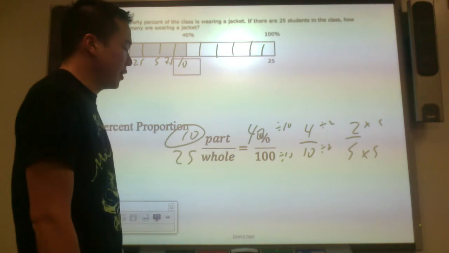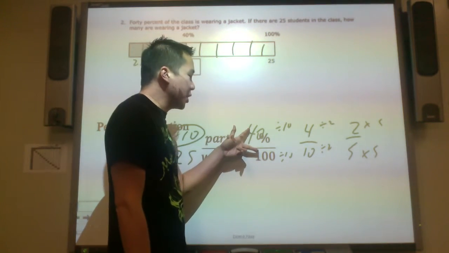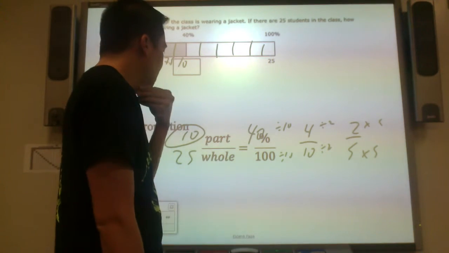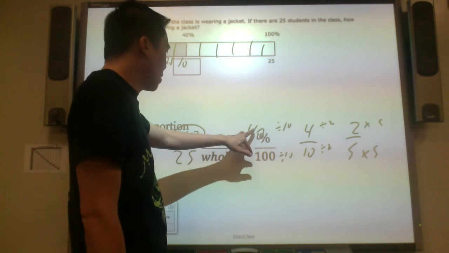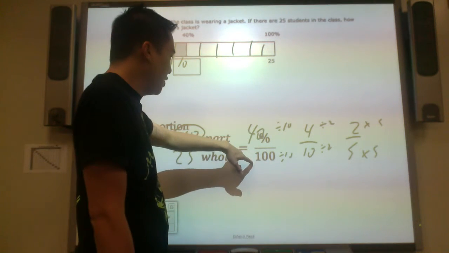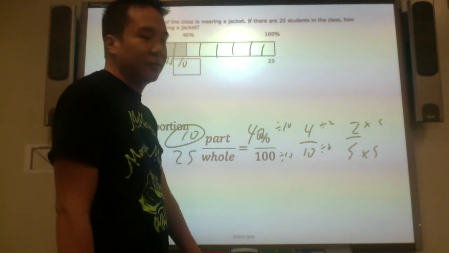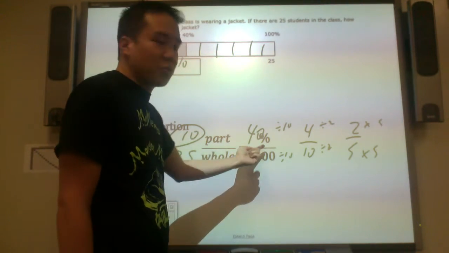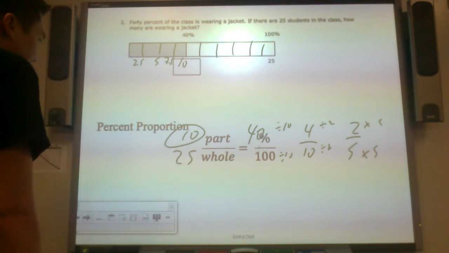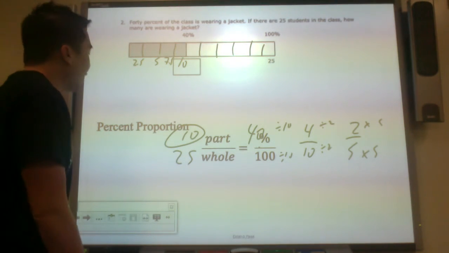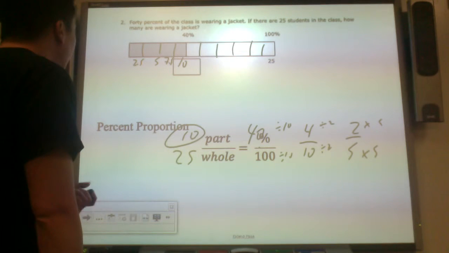I could have also broken it down to 20 over 50, and 10 over 25. If I had simplified this to 10/25, I would have gotten my 10 right there. So what part of the class is wearing a jacket? 10. Next one.